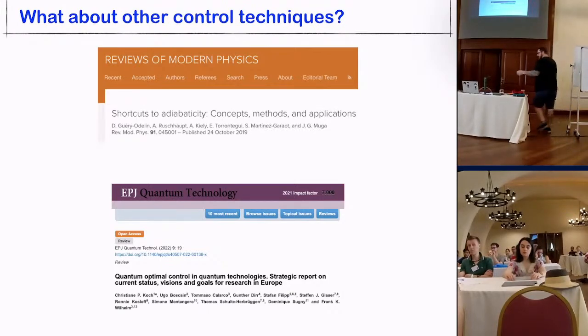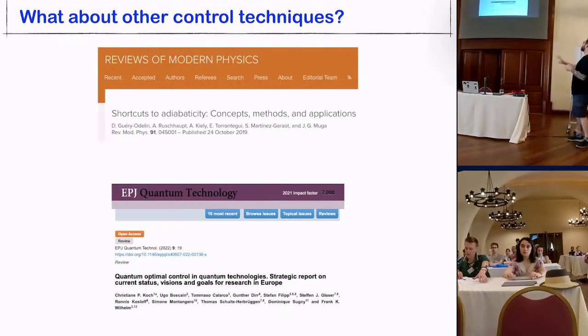So, very crassly or very roughly putting it, there are two major camps to achieving control. I talked only about one particular technique that falls within the realm of these shortcuts to adiabaticity. There's this review paper from 2019 where they went through the whole suite of different things.